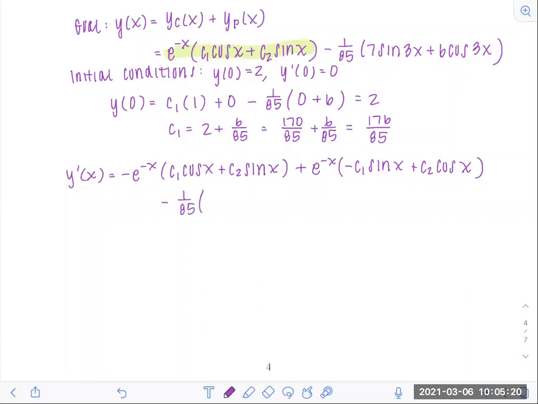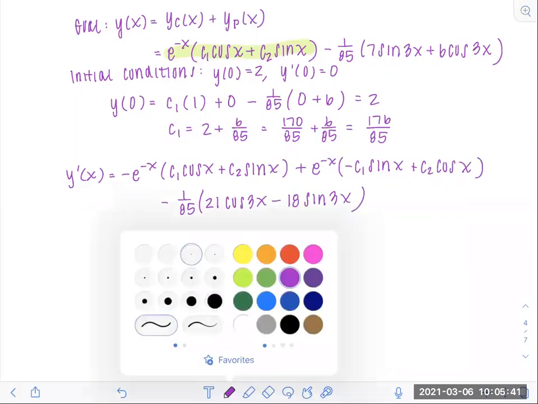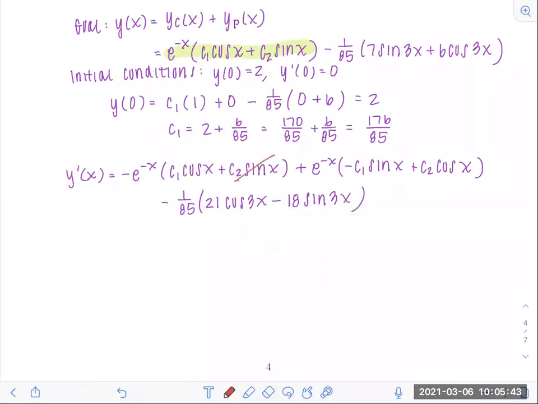All right, and now moving on to the second piece, I'm going to compute its derivative. So I'm going to use the chain rule. It'll pop out a 3. I have a 21 cosine 3x, and that'll actually become negative 18 sine of 3x. All right, that's kind of a bruiser there. But the good news is when I plug in 0 for all of my x's, all the sine functions will die.